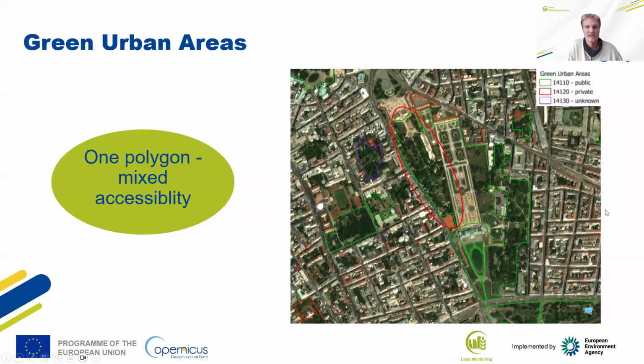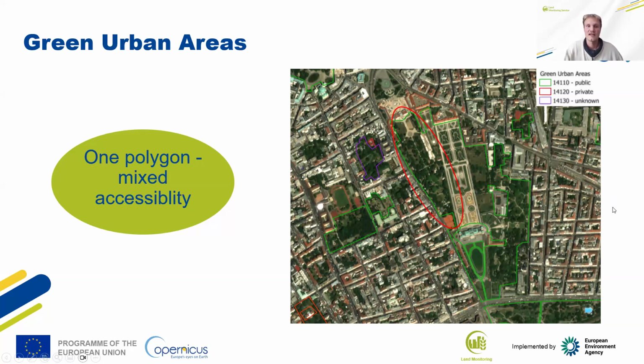On the right side, you can see an example, the Schlosspark Belvedere in Vienna, with a small, or not so small, 40% of the polygon classified as private, but the rest of it is a public park. The point here is that the model does not allow internal subdivision by accessibility, which results in the bigger public section forcing the entire polygon into a single interpretation.